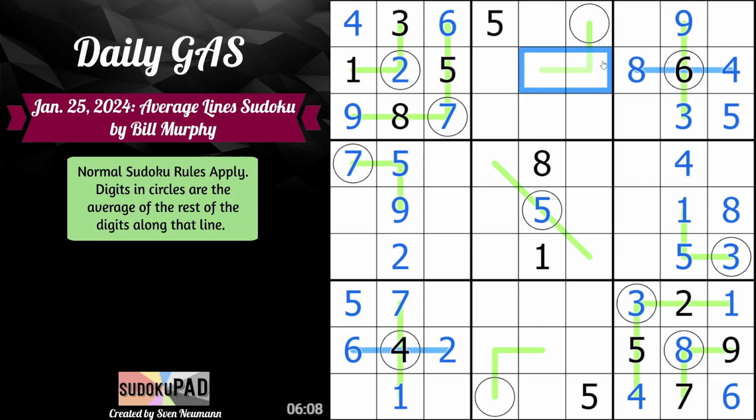And now, wait. 7, 9 is 8. That's okay. But 3, 9 is 12, which makes 6, which we can't do. So it is, in fact, 7, 9. I don't know the order, but it tells us that 3 goes here. This will be 8, right? Just like here, 7, 9, 8.